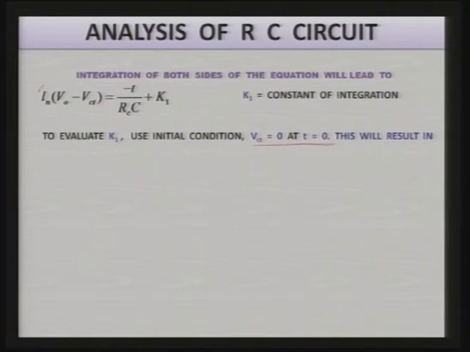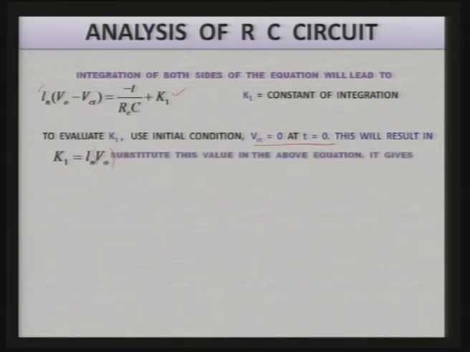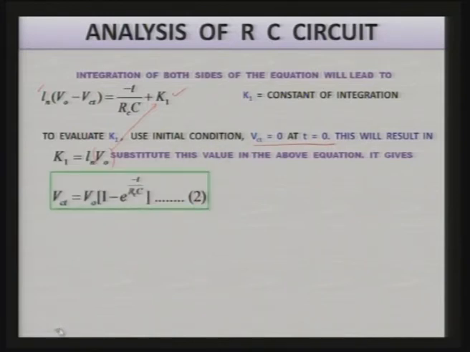If you substitute this value in this equation, then you will get that k_1 is equal to natural log ln V_0. Then you can substitute this value of k_1 in the earlier equation, and it will give you V_c(t) equal to V_0, that is the supply voltage, times (1 - e raised to power minus t over R_c C). With the help of this equation you can find out the voltage in the charging circuit.